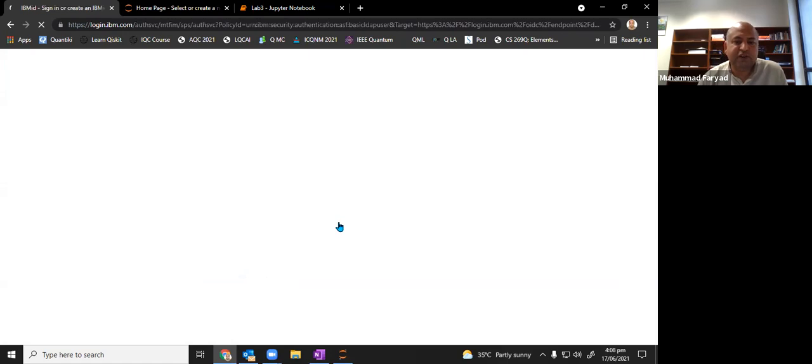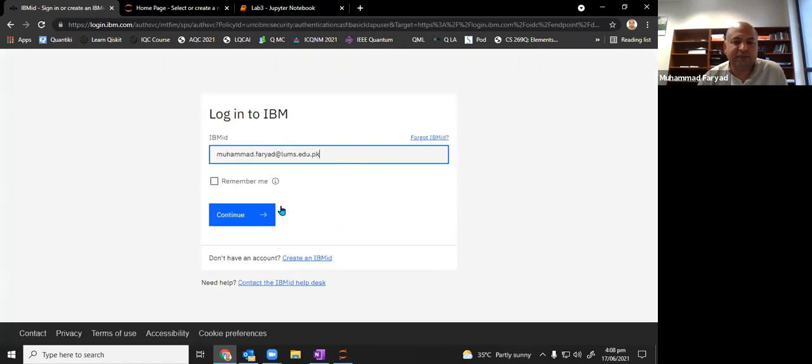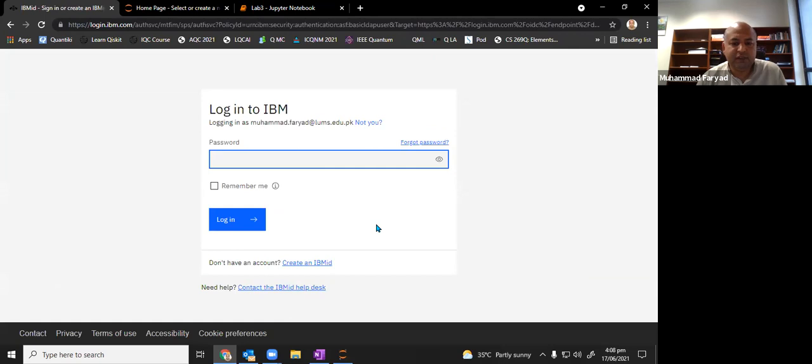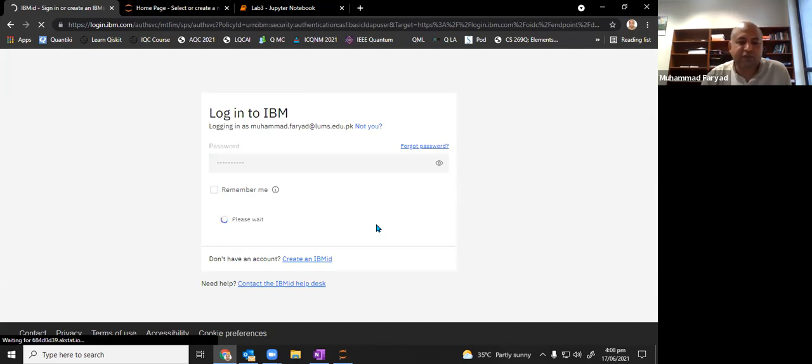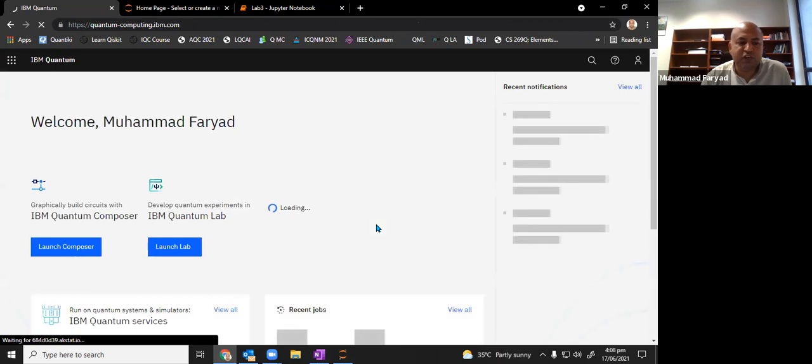Because so far we have run all of our circuits on the local simulator, but from next week I would like to show you how you can run these circuits on IBM's quantum computer.